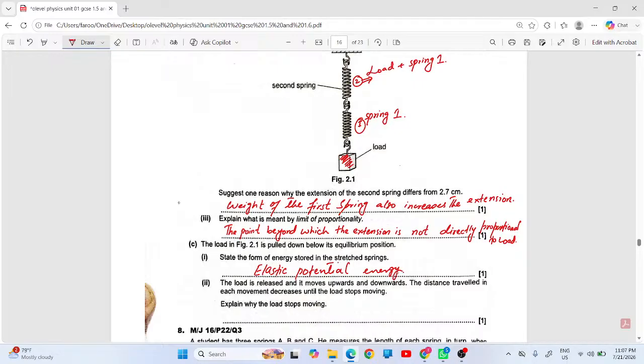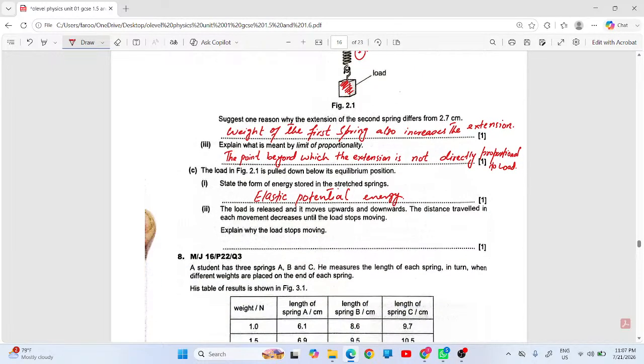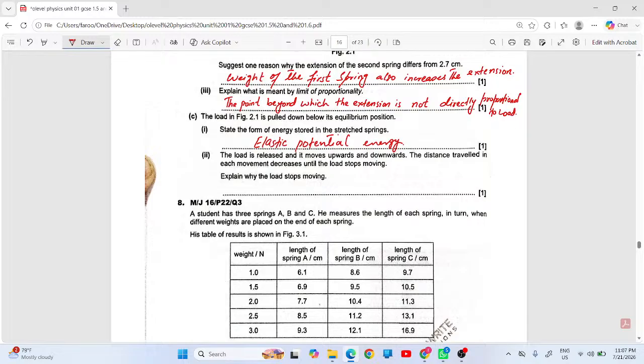जी। Next is the load is released upward and the distance traveled until the load stops moving. Explain why the load stops moving. Actually, the load oscillates.